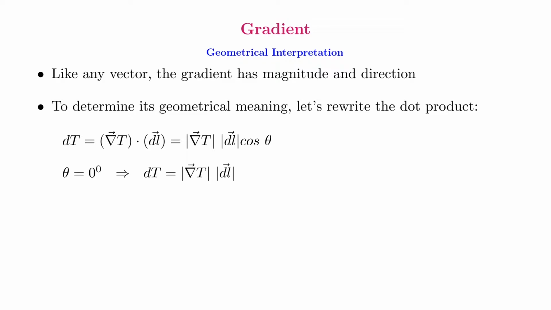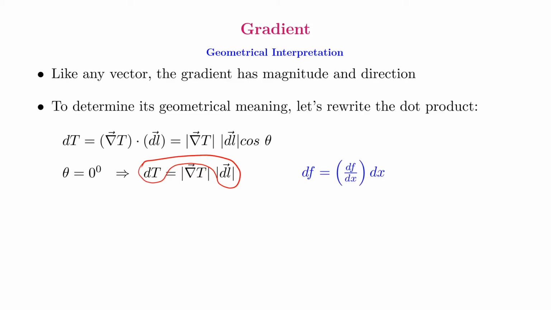This equation is reminiscent of the ordinary differential equation that we have seen just now, that is df = df/dx times dx. That means that a change in the temperature is directly proportional to dl, where dl is the direction along which the variation of T is measured, and the proportionality constant is the magnitude of ∇T, which is the gradient.